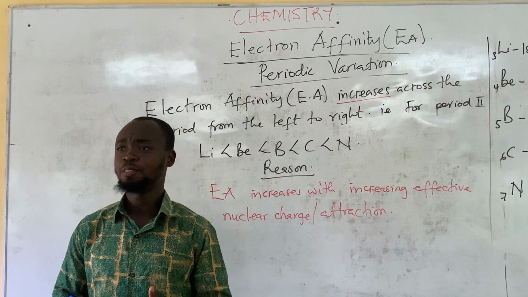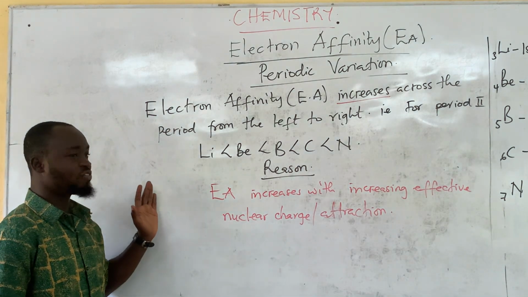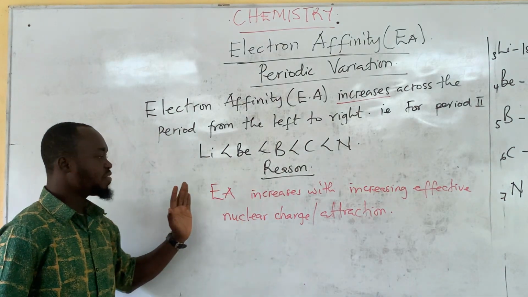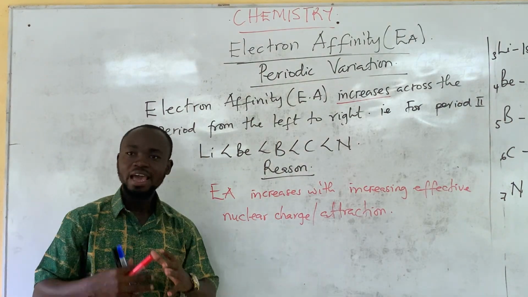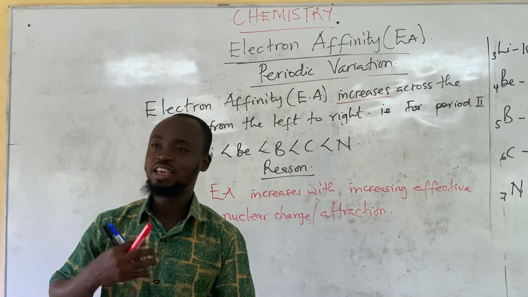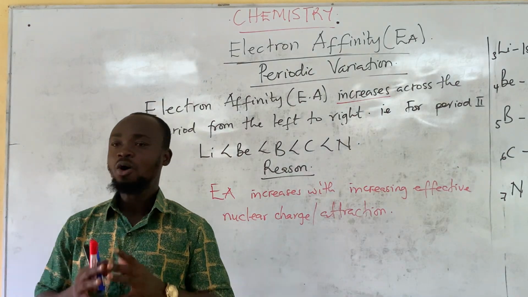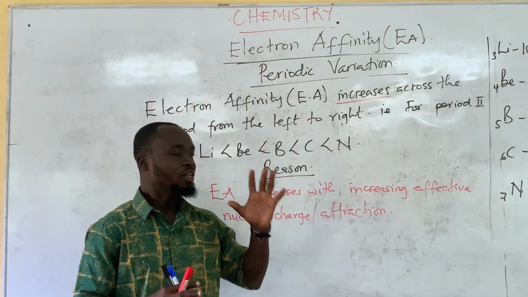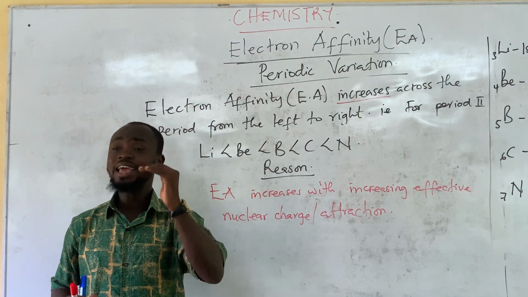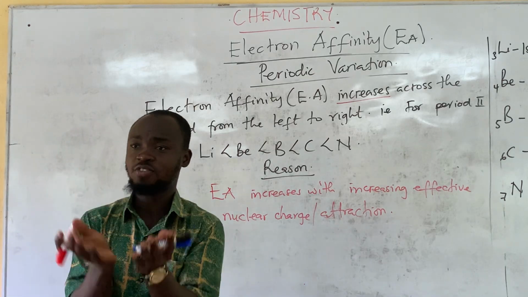What is the meaning of this? We've learned previously that moving across the period, there is an increase in the number of protons, and an increase in the number of protons indicates an increase in nuclear attraction. Why will nuclear attraction increase? Once you're moving across the period, the number of shells is kept constant, so the inner shell electrons are also kept constant.